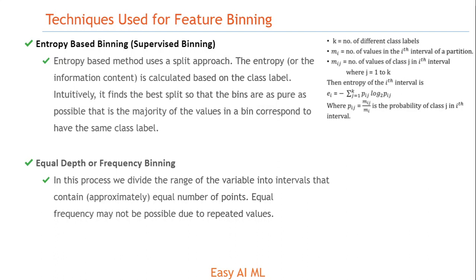In Excel, we can simply sort the values from top to bottom, understand each interval and try to create a similar number of records for every interval. Equal frequency may not be possible due to repeated values. However, we would like to create a good frequency distribution, and this is one way of doing binning. A more accurate one would be entropy based binning.